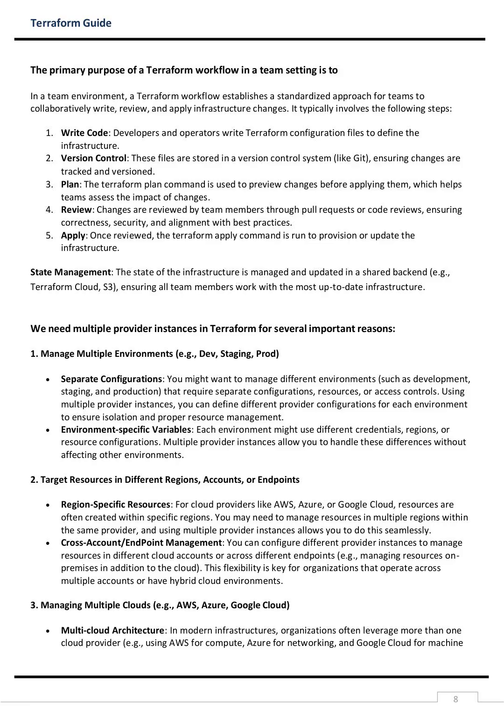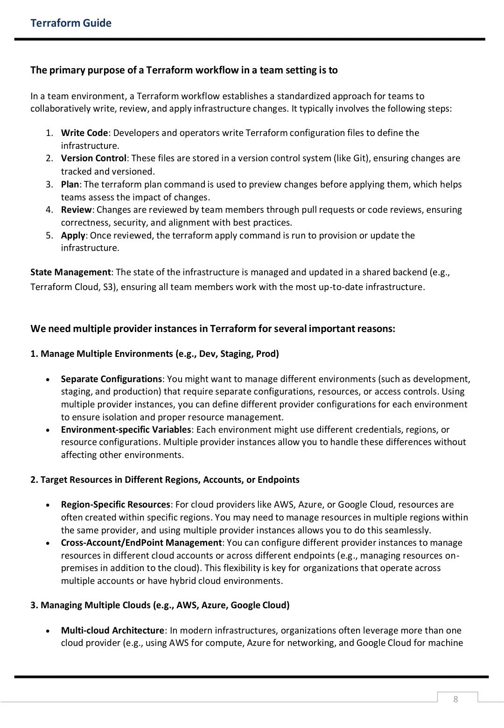You can configure different provider instances to manage resources in different cloud accounts or across different endpoints, for example, managing resources on premises in addition to the cloud. This flexibility is key for organizations that operate across multiple accounts or have hybrid cloud environments. 3.